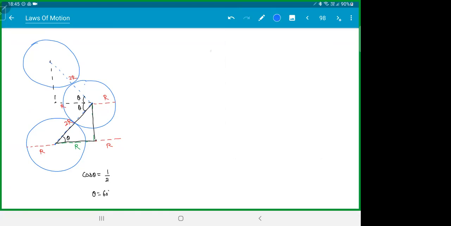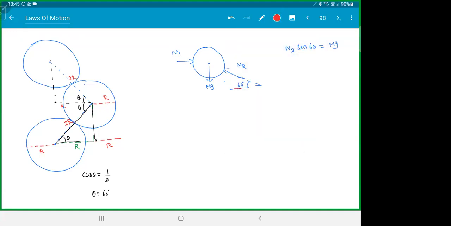Now let's draw the FBD. I'll draw for the upper ball. So this would be N1, your own weight mg. This is your N2, making an angle theta here, which is 60 degrees. So if you look at the components here, N2 sin 60 is balancing your weight mg.